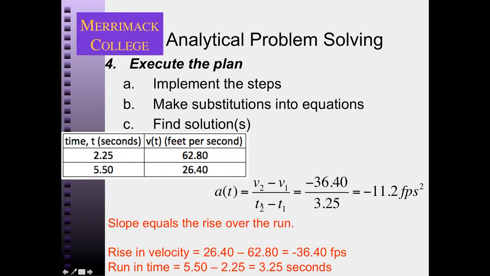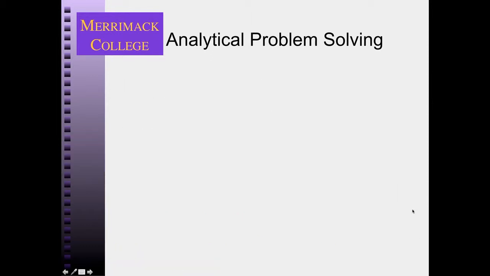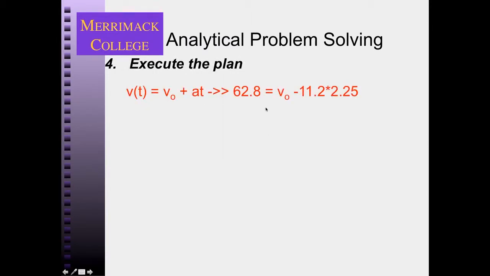So the rise over the run is the slope, or acceleration, or deceleration in this case, and it's equal to 11.2 feet per second squared. Okay, so here's the equation, and if we plug in one of the values, we know at 62.8 velocity, the time at which that occurs is 2.25 seconds.